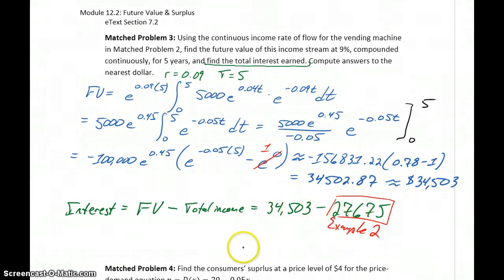And then taking the difference of these gives us $6,828. So we earned a little under $7,000 in just interest alone by, again, taking that future value, which is total income plus interest, and just subtracting out the total income that was calculated in example 2.